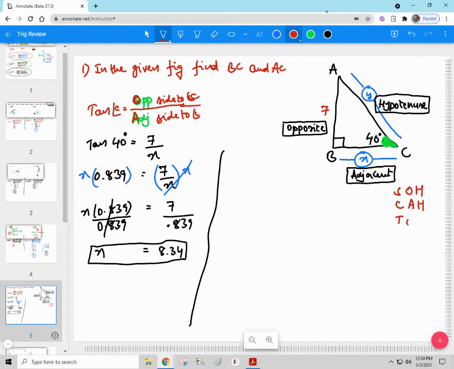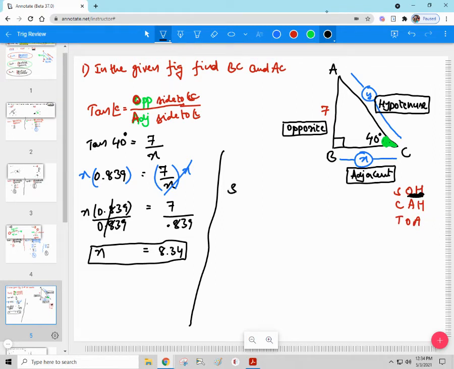SOHCAHTOA. Please notice that we know the opposite side, and we are trying to figure out the hypotenuse. Where do you find O and H? I see that in the first part, which is SOH.